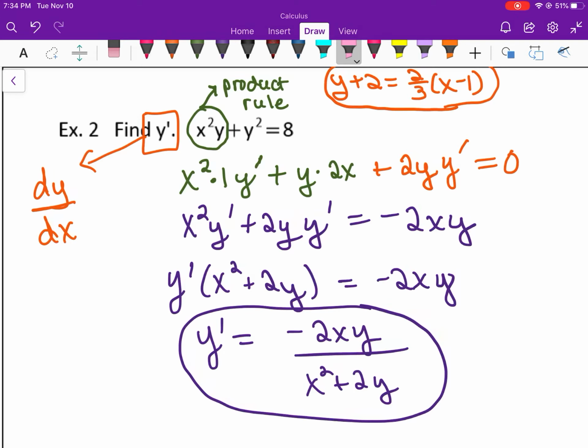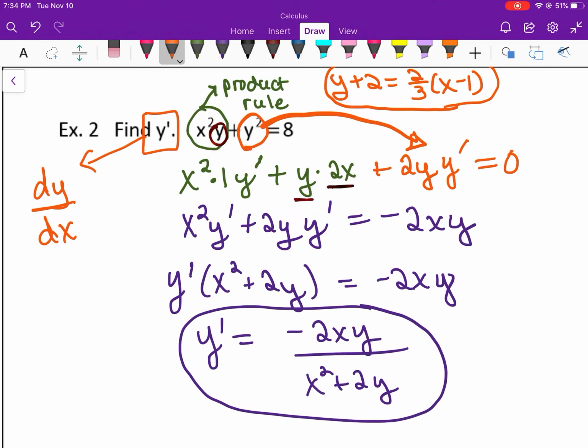And then to finish the product rule, we did y times the derivative of x squared. Then in orange, I did the derivative of y squared. So that's this right here.